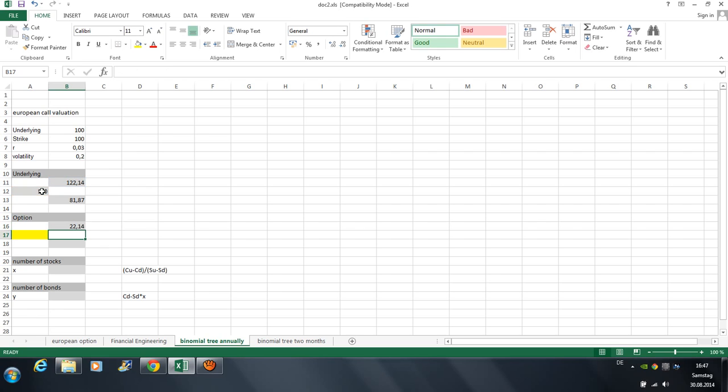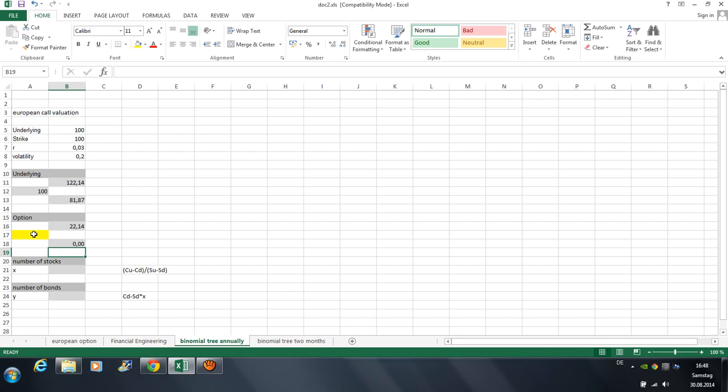We press enter, and do the same here: equals the maximum of 0 and now the price has fallen, minus the price at the beginning, close parenthesis, enter. We won't exercise the option here, of course. These are the two values of the option in 1 year, if we assume there are only these two possible outcomes.